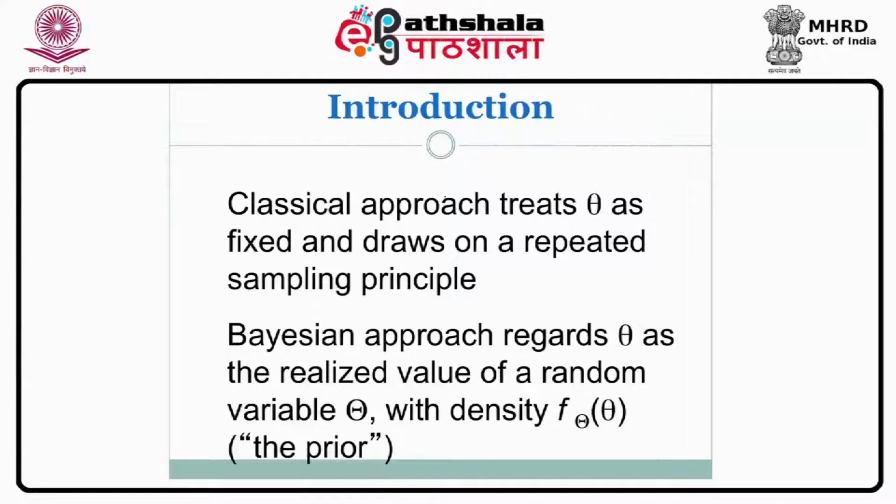In the Bayesian approach, theta is regarded as the realized value of a random variable, script theta, which has some distribution, or prior distribution, with the density function being f theta.